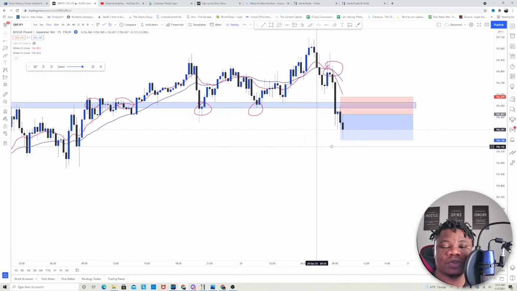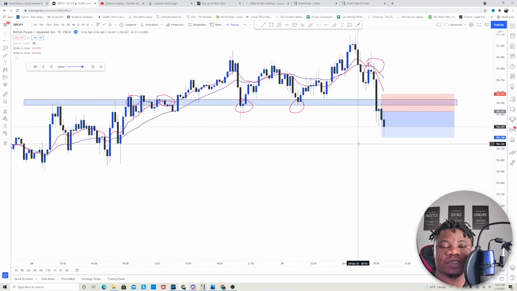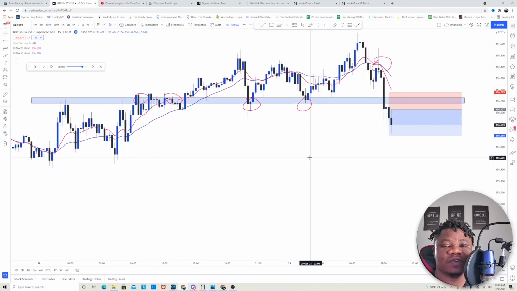Now when it comes to looking for our take profit target, because when it comes to forex, I say this all the time, we're actually trading from zone to zone.